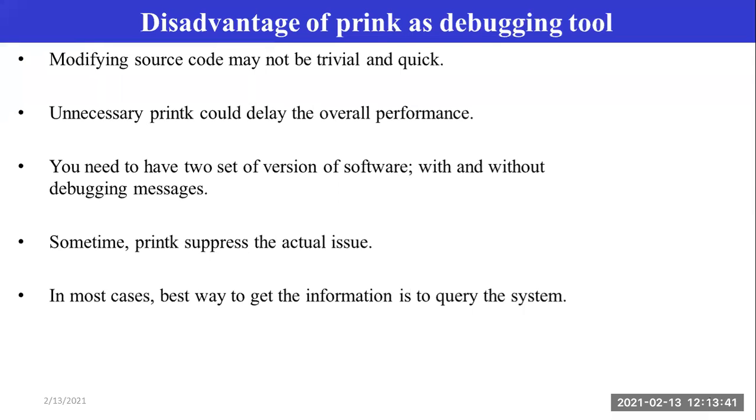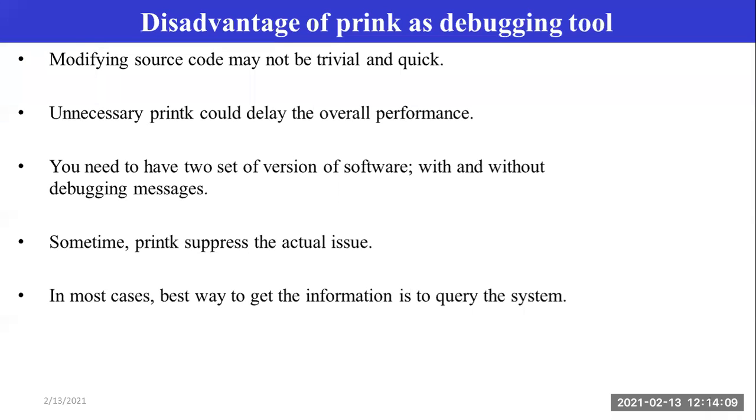So why does the problem suddenly get resolved? It is because there is some timing issue. The speed at which you are sending the packets is quite high compared to the speed at which you are receiving the packets. Now, adding the print in the sending path actually delays the send process.